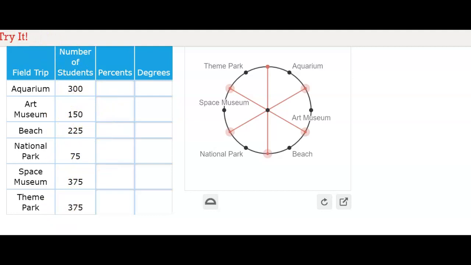The total number of students is 1,500, so that's the total number. And so we're going to find the percents for each field trip.